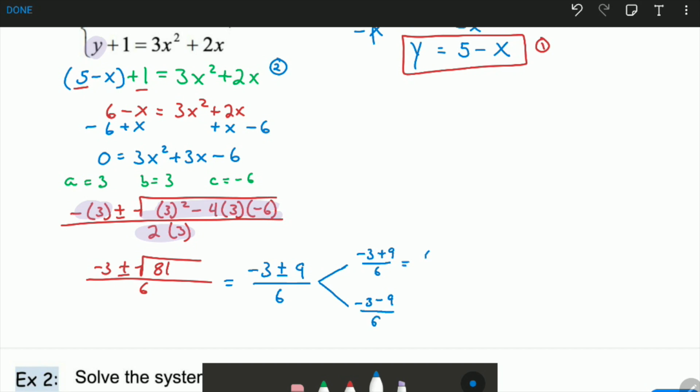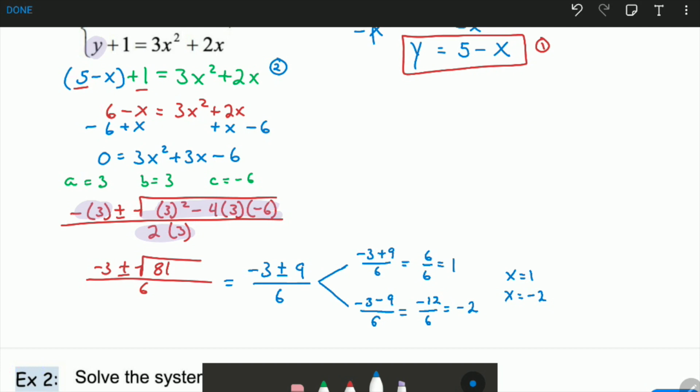Negative 3 plus 9 is 6, and 6 divided by 6 is 1. Negative 3 minus 9 is negative 12. Negative 12 divided by 6 is negative 2. So overall, our two x values are x equals 1 and x equals negative 2.